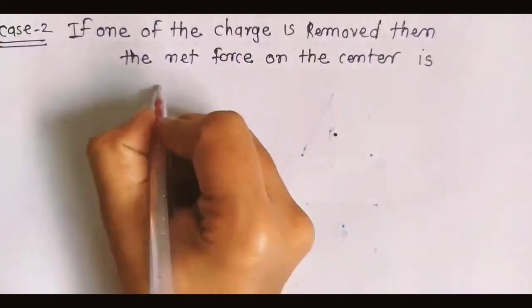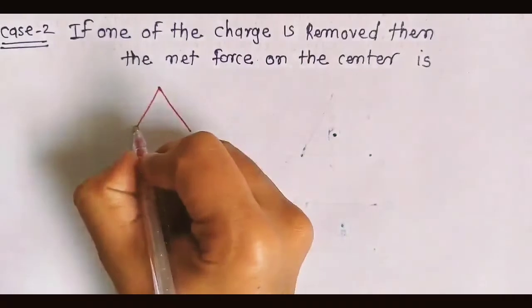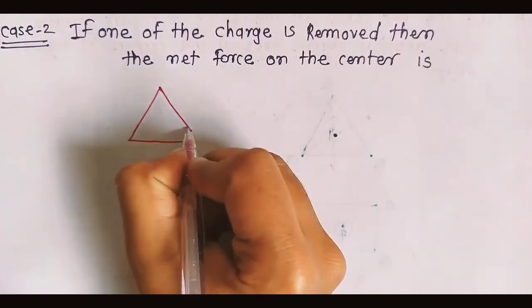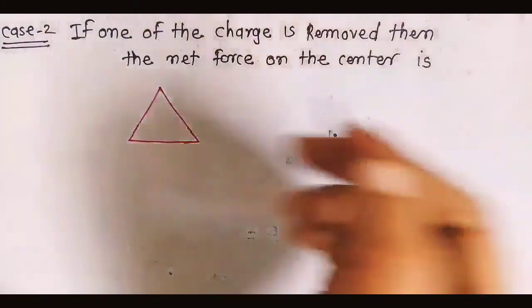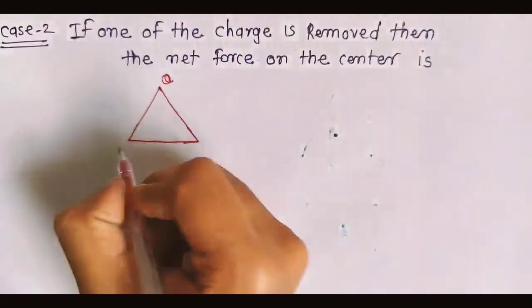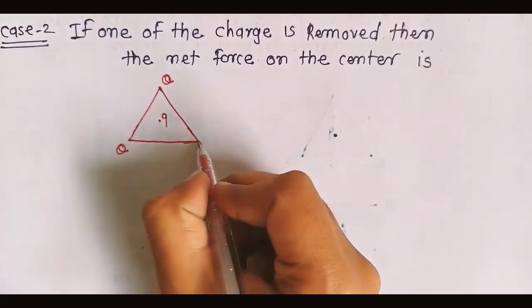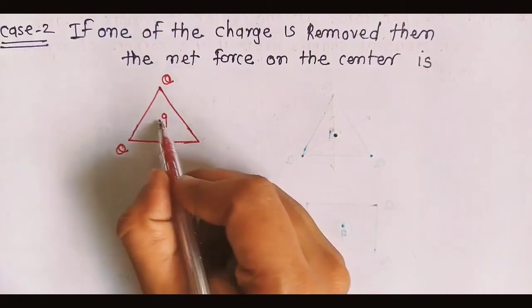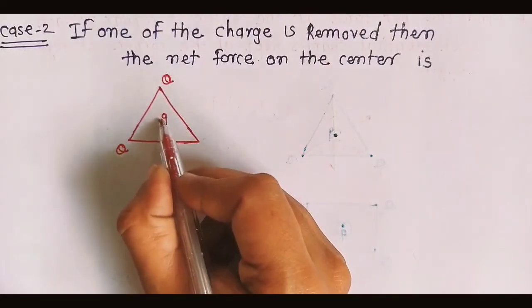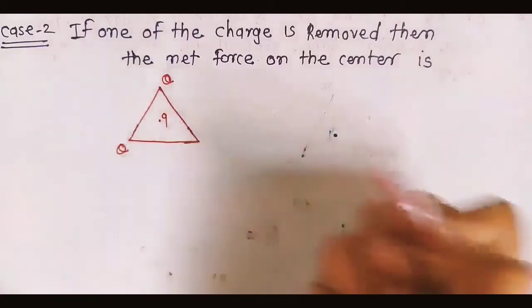So we have this equilateral triangle, and this is charge q, this is charge q, and the charge at the center is q, and we remove this charge. So we have to find the net force on the charge q due to these two charges when we remove this one charge.